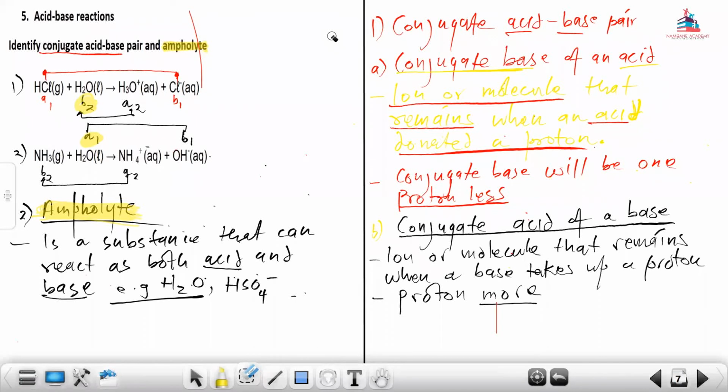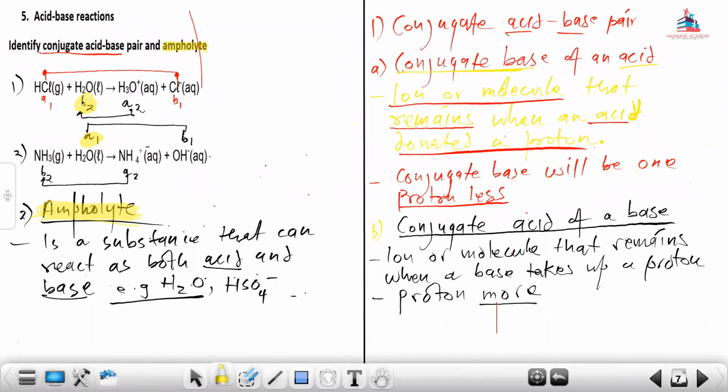And I tried to make it simpler by saying a conjugate base will be 1 proton less. So if you have identified your acid, it becomes easy to look for a substance that is 1 proton less. So when I look at Cl minus, it has 1 proton less.